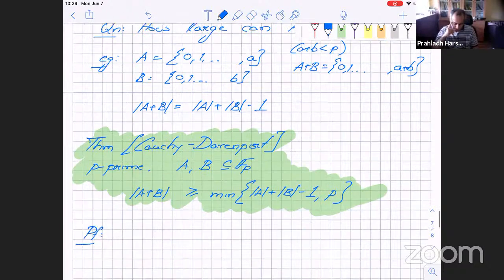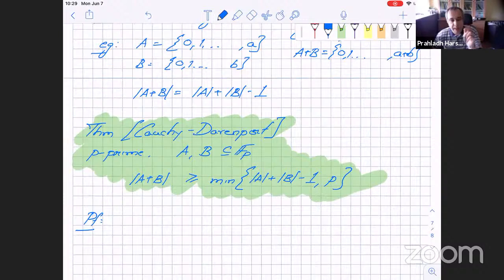By the way, it's important it's a prime field, because if it was another finite field, a prime power field, every prime power field has a subfield sitting inside it. So if A and B were the subfield, A plus B would not grow at all. If A was a subfield and B was a subfield, A plus B will be the same subfield.